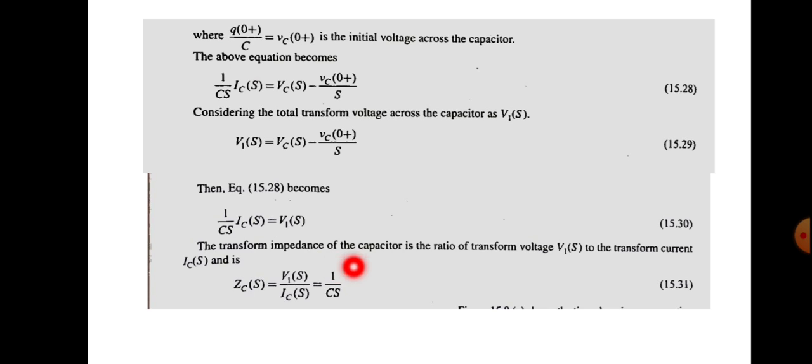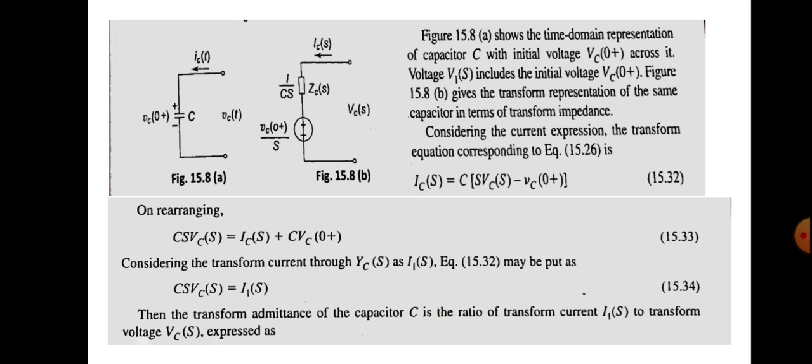Therefore, the transform impedance of the capacitor is the ratio of the transform voltage V1 of s to the transform current Ic of s, which equals 1 by Cs. That is an important relation, you should remember it.